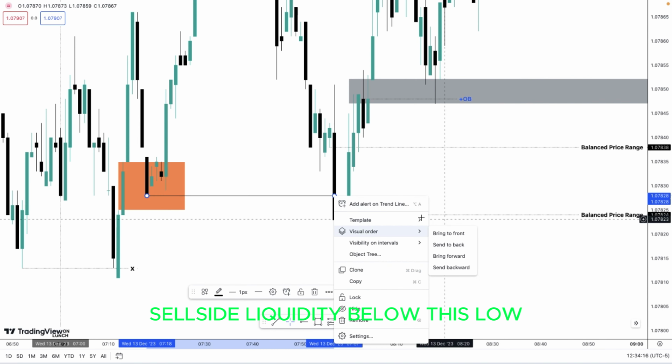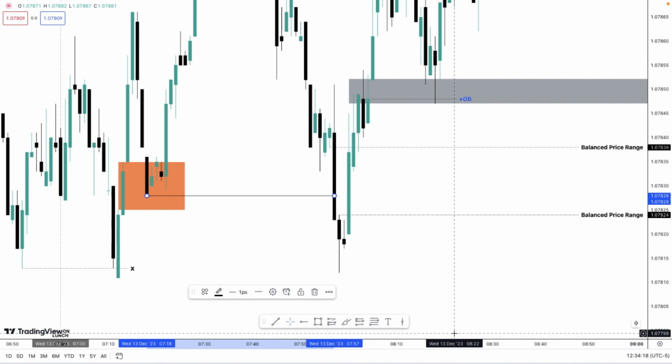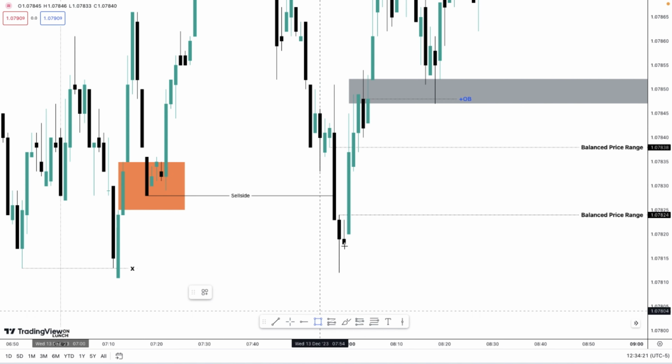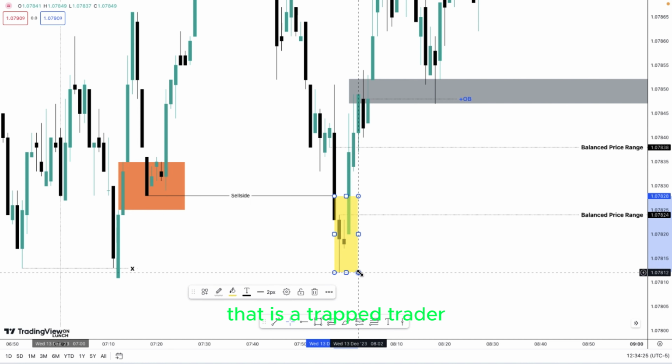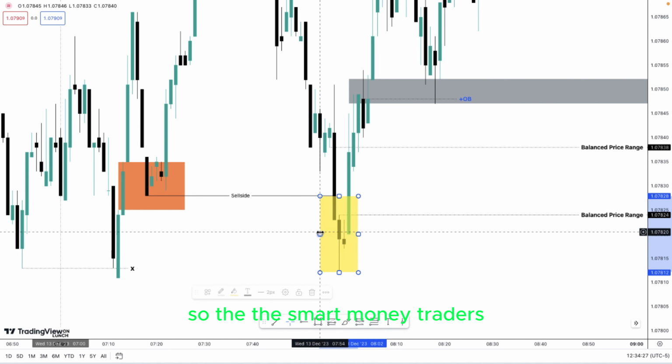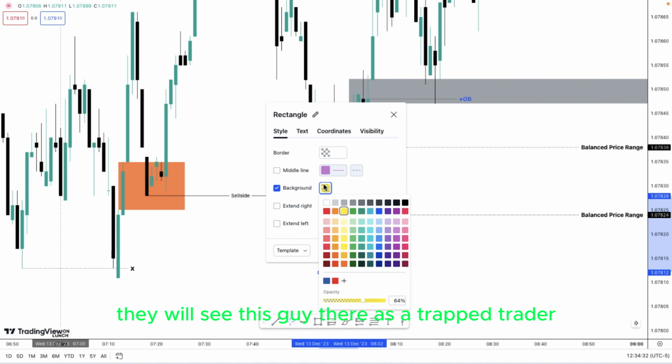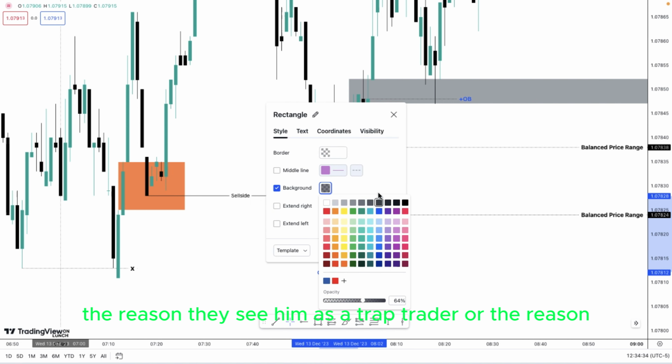But from the sell side liquidity below this low to the low formed here, that is a trapped trader. So the smart money traders will see this guy there as a trapped trader.